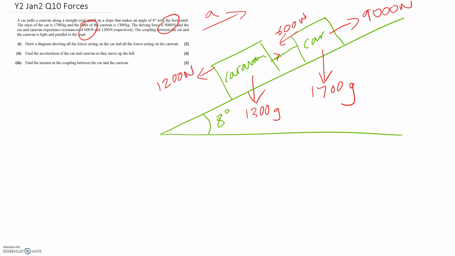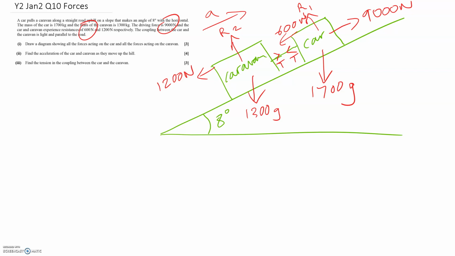There'll be a tension here in the tow bar, and the last force, there'll be a normal contact force acting in that direction. Let's call this R1, let's call this R2. So I think that is all the forces drawn now.